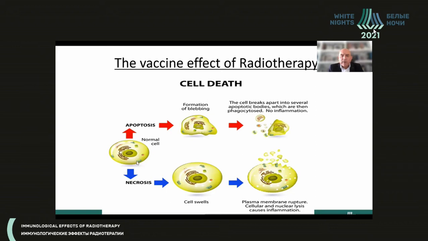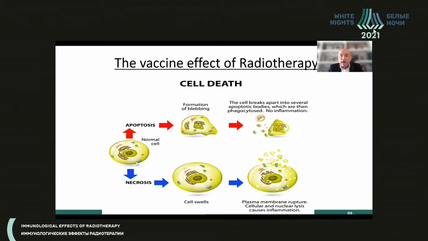For example, when we give small doses of radiotherapy per fraction to tumor cells, the usual result of killing them is by a mechanism called apoptosis. The cell breaks apart into several apoptotic bodies, which are then phagocytosed, but without inflammation.